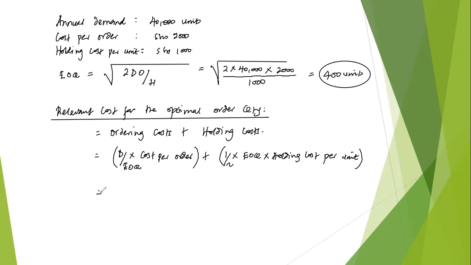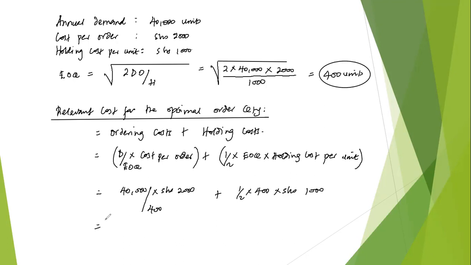So therefore, to get the ordering cost, we get our demand, which is 40,000 over the EOQ of 400 times the cost per order, which is shillings 2,000, then plus a half of the EOQ, which is 400, times the holding cost per unit, which is shillings 1,000.